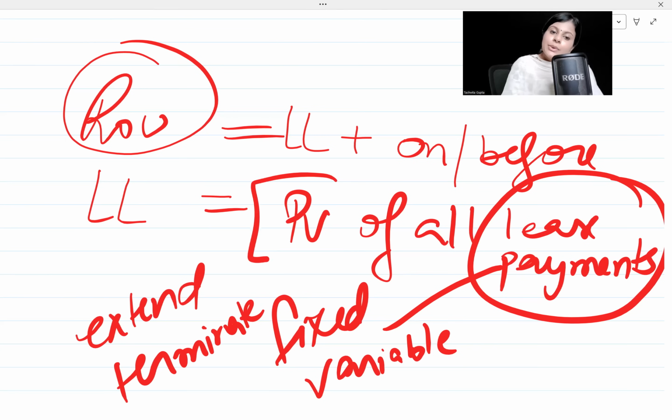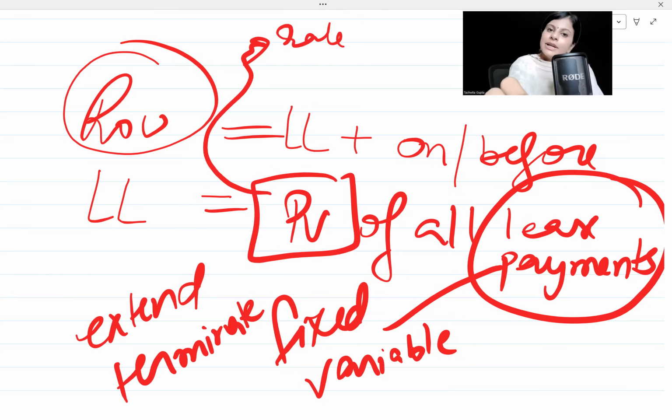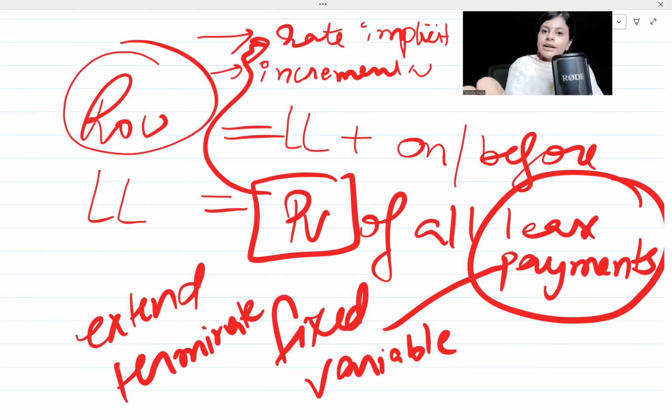This present value is calculated at the rate implicit in the lease. If this is not available, then we go for the incremental rate of borrowing. So this is what you do.